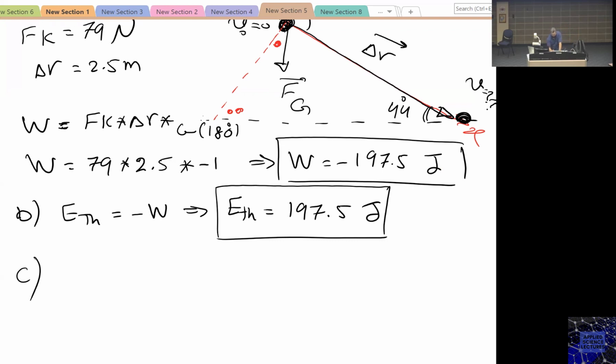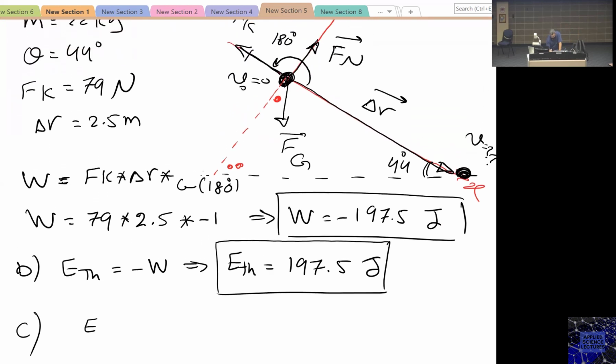So in this case, if I am to write the conservation of energy formula here, this is point, let's say point A, and this is point B. I should say EPA plus EKA equals EPB plus EKB plus E thermal.